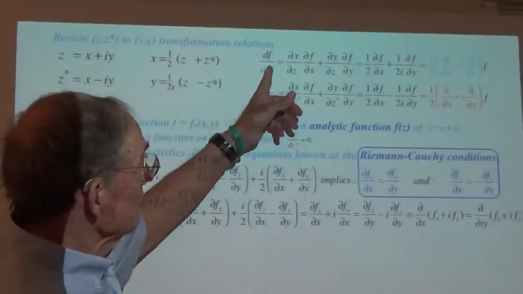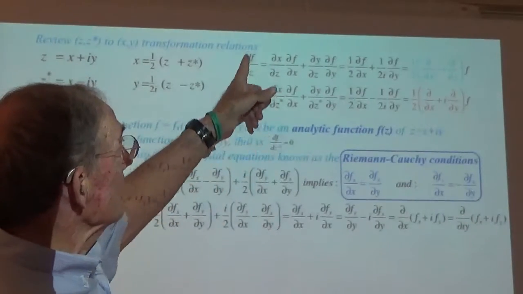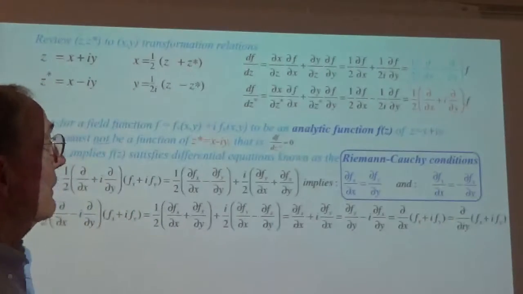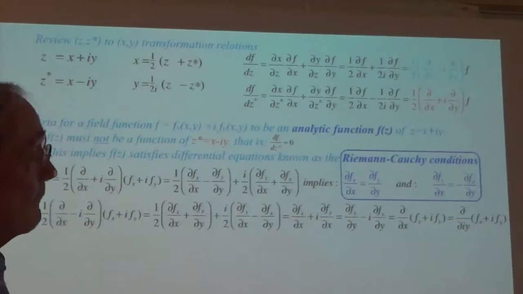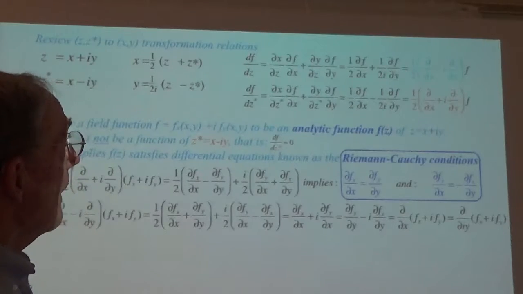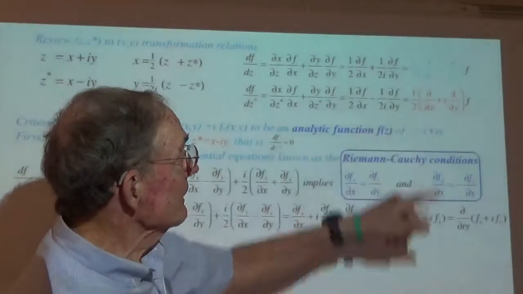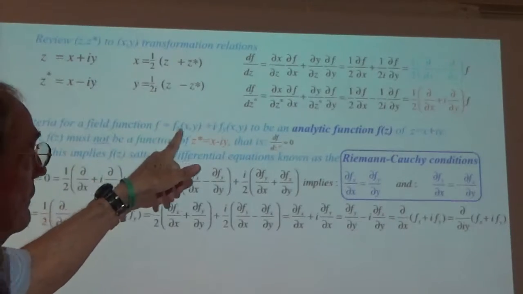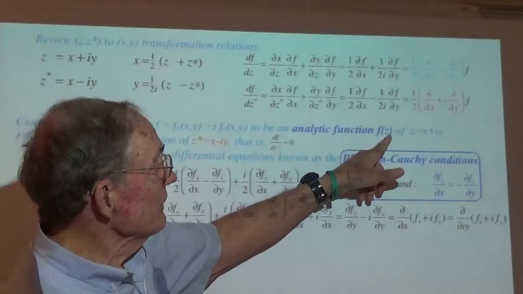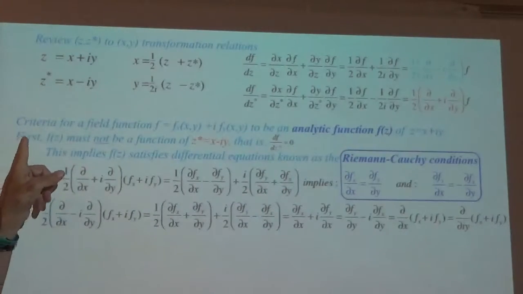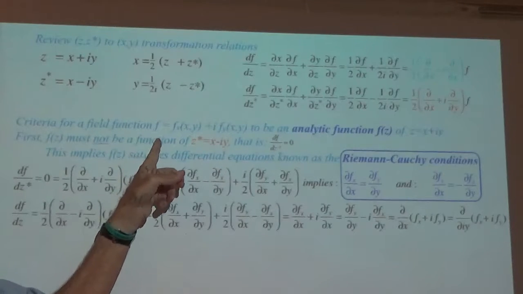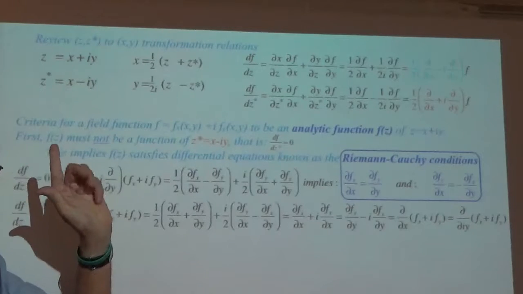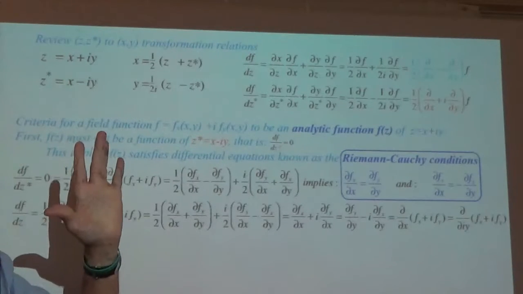We've already talked about the derivatives. Now I can rewrite a derivative with respect to z as that. And this would be true no matter whether the function was analytic or not. Same thing with this. But the criterion for a field to be an analytic function f of z is that it must not be a function of z star, just as the Hamiltonian must not be an explicit function of velocity.